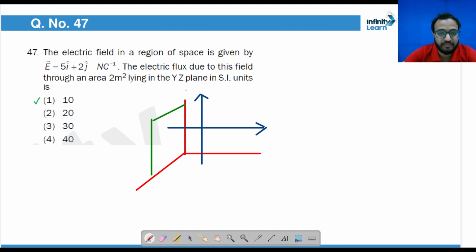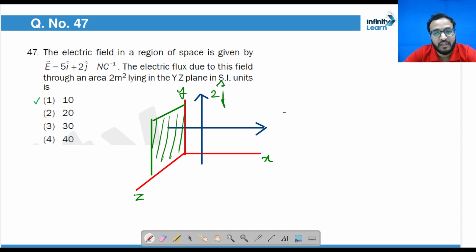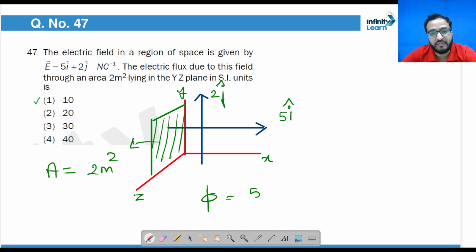Now you tell me, if this is your y-axis, this is your x-axis, this is your z-axis, and this is your area, then definitely this 2 j cap is not passing through the area, it is not creating any flux. So flux is created only through 5 i cap. The area is 2 meters square. So flux will be 5 into 2, that is 10.